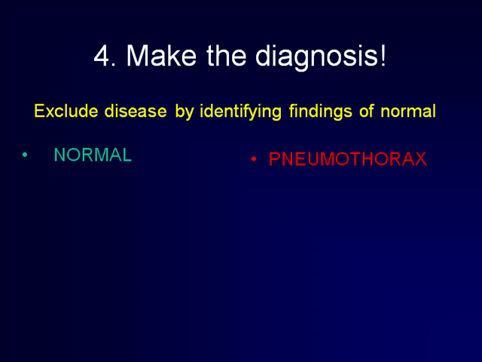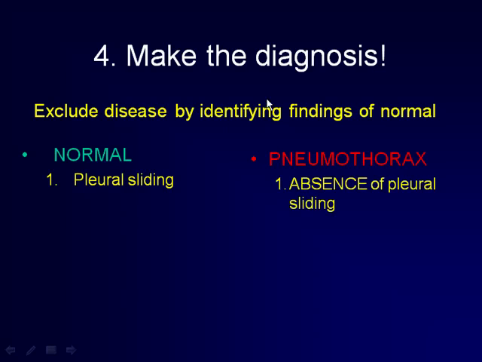The normal finding is pleural sliding, and conversely, if you have absence of pleural sliding, that rules in pneumothorax. There are two other subsidiary findings which can be used to make the diagnosis too, but as we see, they're really just special cases of these two simple concepts: pleural sliding or the absence of pleural sliding.